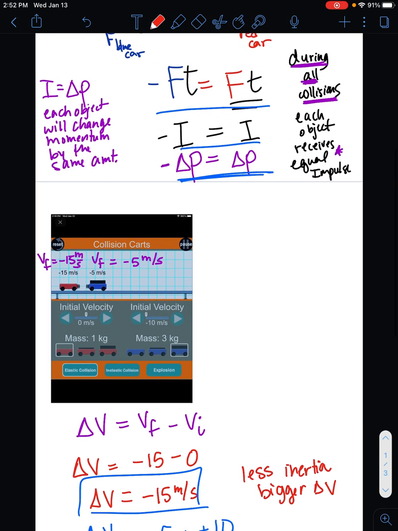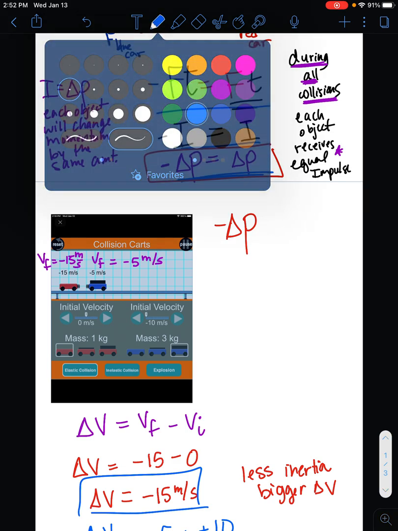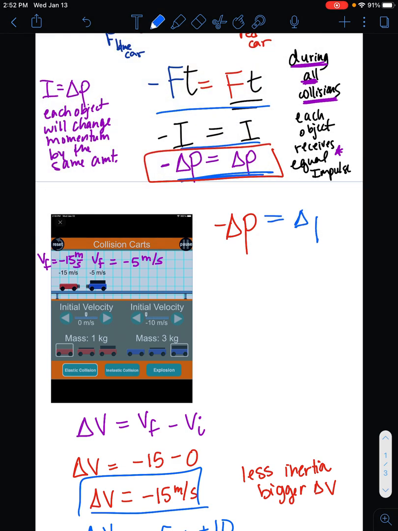And so what we're saying is that because these two momentums had to be equal in size but opposite in direction, the change in momentum of the red car was equal in size, opposite in direction to the change in momentum of the blue car. But remember, change in momentum is mass times change in velocity. And so really, it's not that their changes in velocity have to be the same.